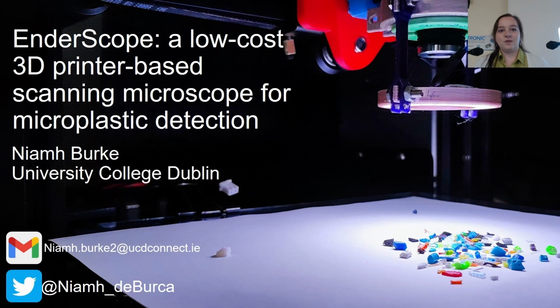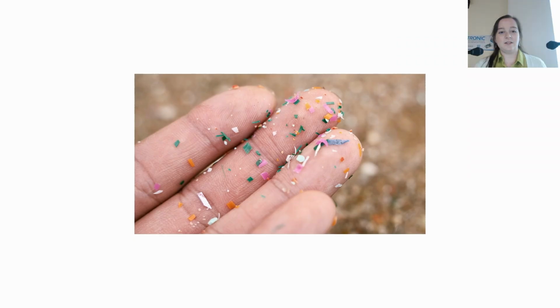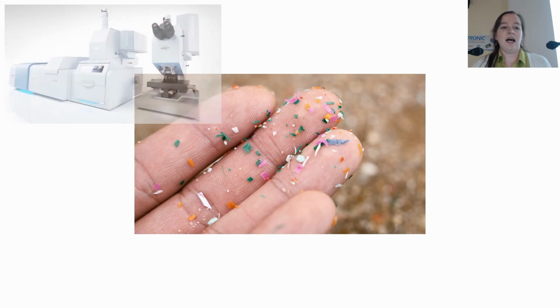So to start off, why did we make this microscope in the first place? My PhD is focused on measuring microplastics in seawater samples. If you want to measure microplastics in seawater, there's two ways you can go about that. The first involves techniques like FTIR or Raman spectroscopy. These techniques can be good. They can tell you not only how much plastic is in your sample, but also what type of plastic.